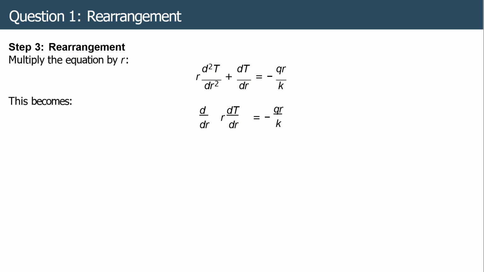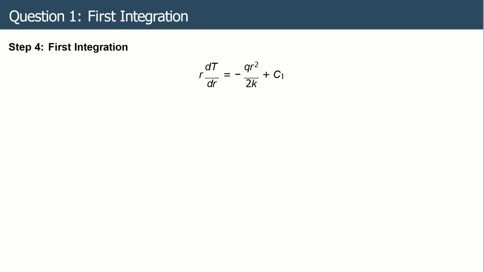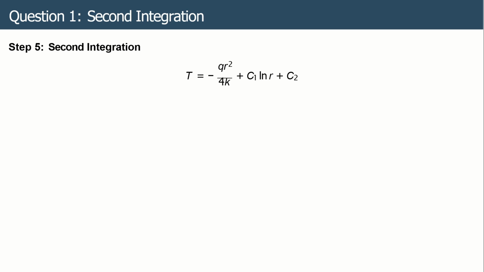And we need to integrate this equation twice in order to get the final temperature profile. So after the first integration we will be getting the C1 constant, then the second integration we will be getting the equation for temperature with C1 and C2 constants.